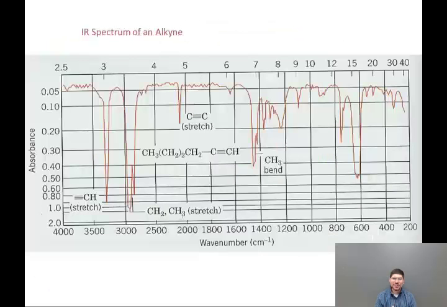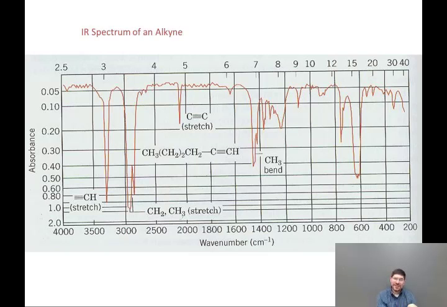So if we go back to our IR spectrum of an alkyne, you can see the carbon-carbon triple bond stretch there around 2,200 wave numbers. Nitriles also have a stretch in the same place, so you can't necessarily tell just from an IR spectrum if you have an alkyne or a nitrile.